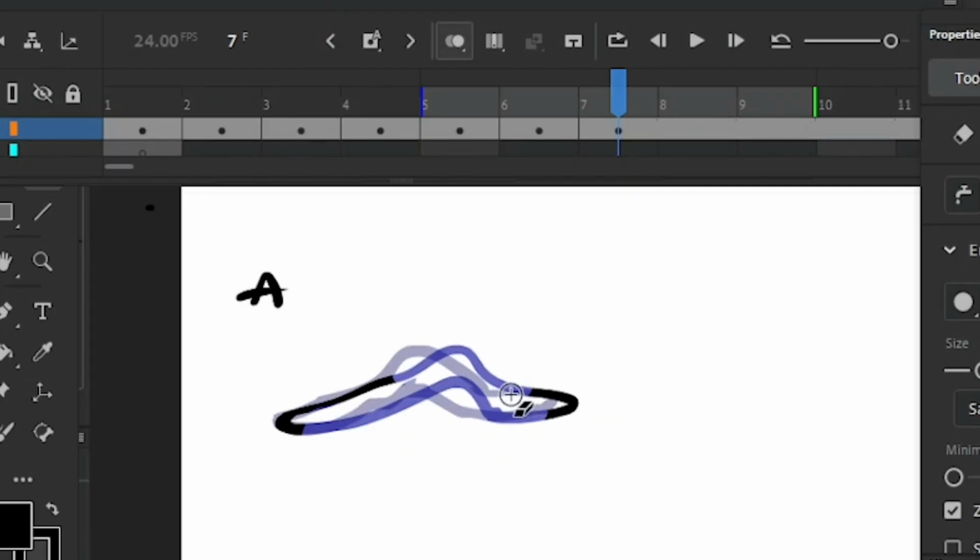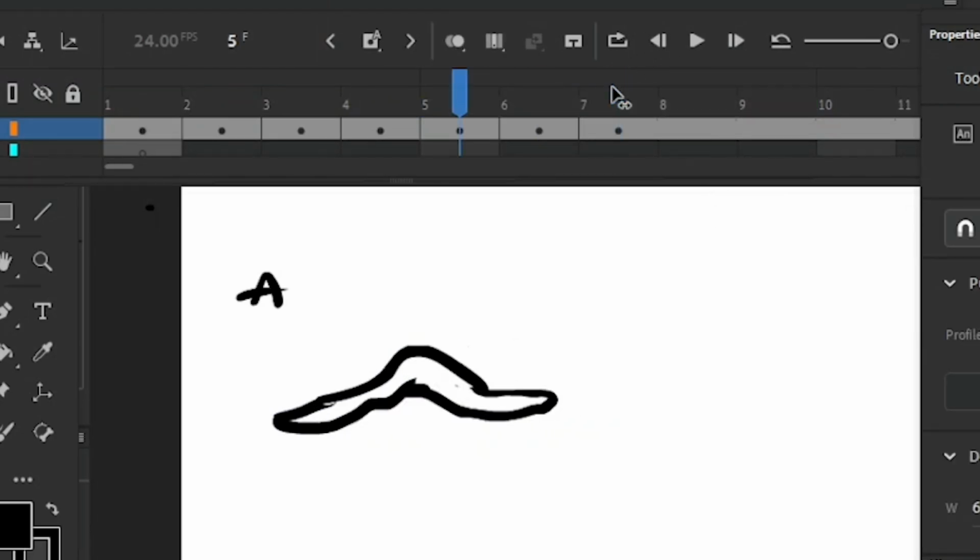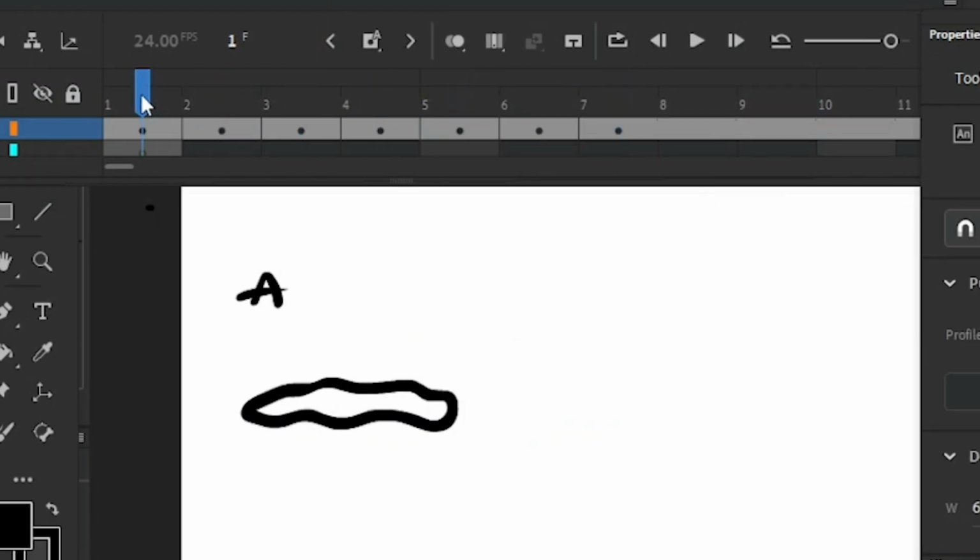Since the worm is moving towards the right hand side, at this point, the time we move, it's showing the motion.